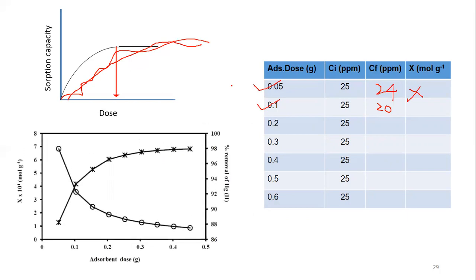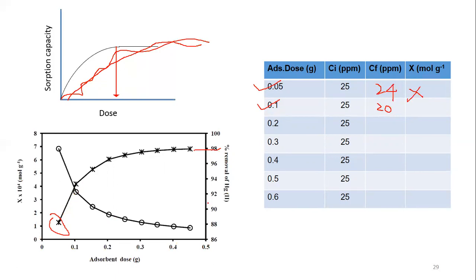Okay, let me share one of my experimental results with you. So here, you know that it is X, the absorption capacity, and here is the percent removal. If I take this one, you can imagine that when I'm using 0.1, 0.2, 0.3, 0.4, and then 0.5, increasing the adsorbent dose, the percent removal increases, and it reaches 98%.